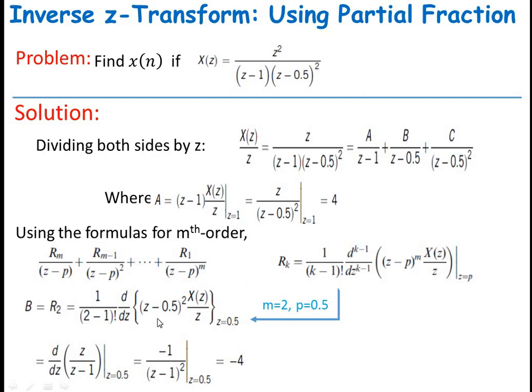So d by dz, and the corresponding pole value is z minus 0.5. So the power of m is 2. Right, so we have to use the highest power. So z minus 0.5 power 2 into X of z divided by z at z equal to 0.5. Here the value of m is 2 and the pole is 0.5. So after substituting, at last we'll be getting the value of b as -4.